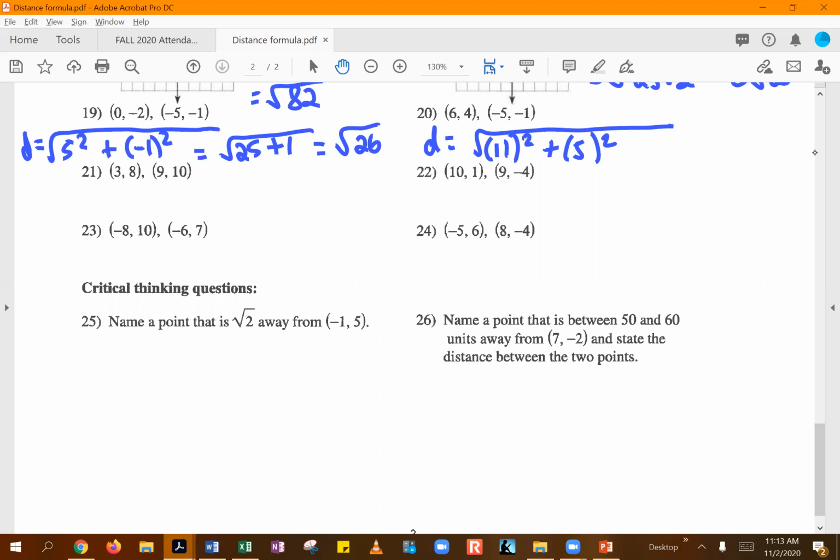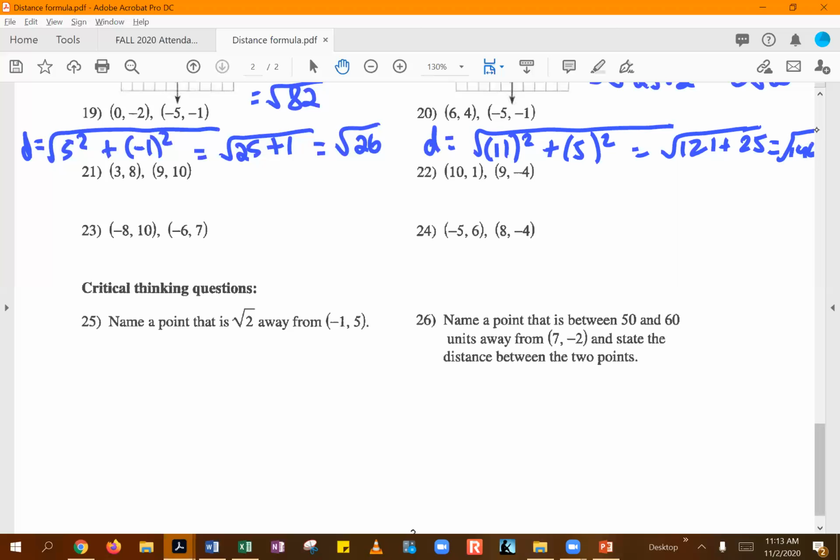So we would have 5 squared. And that, of course, will end up giving us 11 squared would be 121, 5 squared would be 25. So yeah, that is adding up to square root of 146.